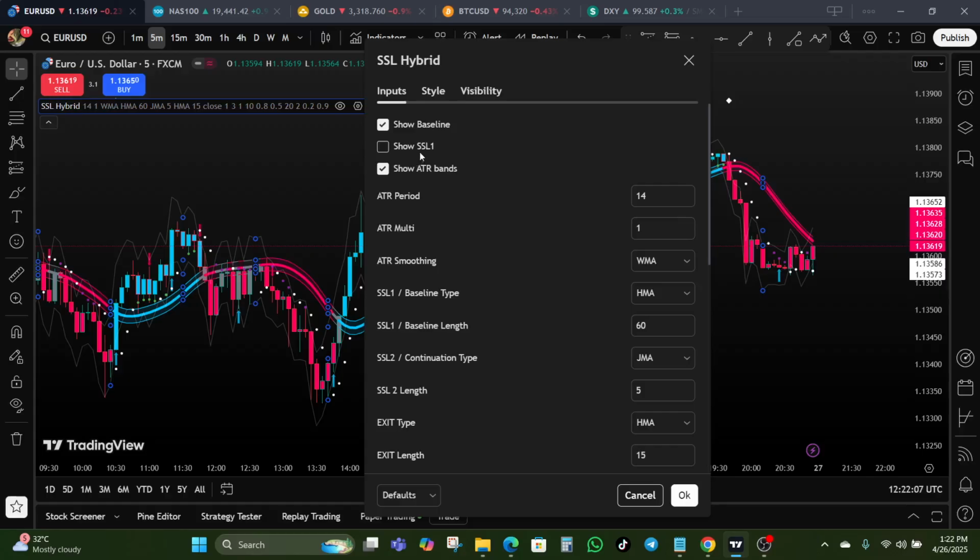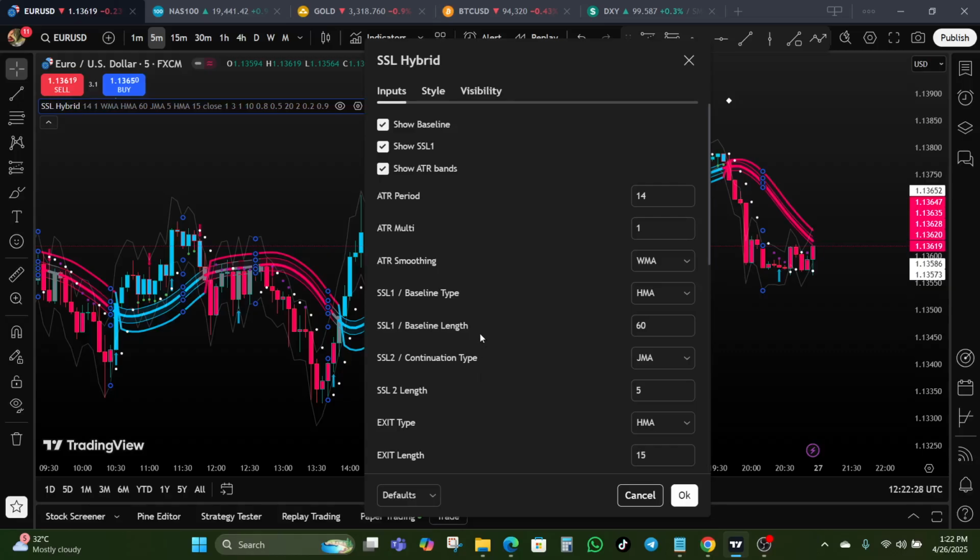Show baseline, show SSL1, show ATL band. You have the ATL period, the ATL multi. You can actually modify these settings according to your taste. For the ATL smoothing, you can select which of the moving averages you want to use. You can see the baseline type, the baseline length, continuation type, and all of that.